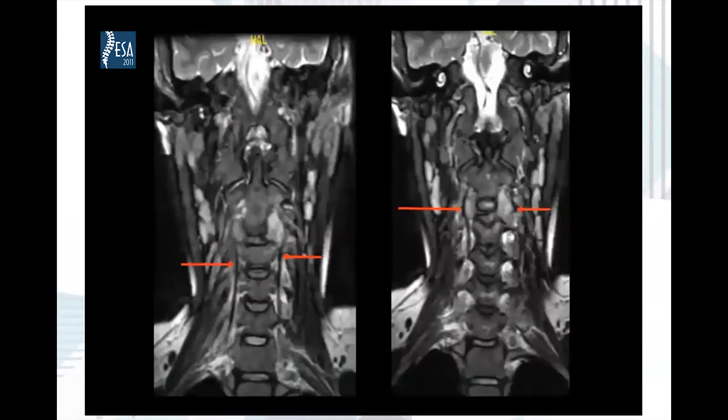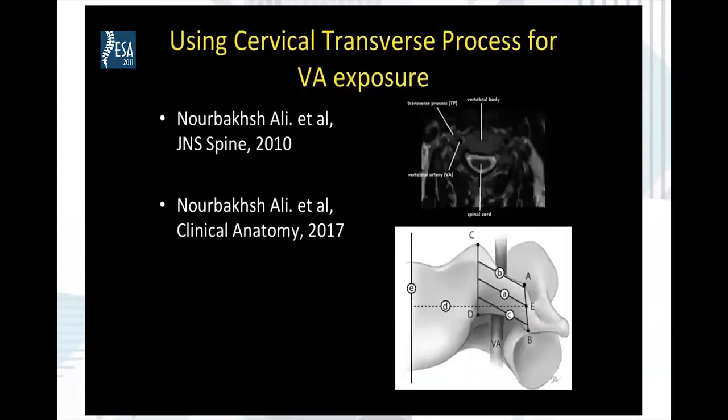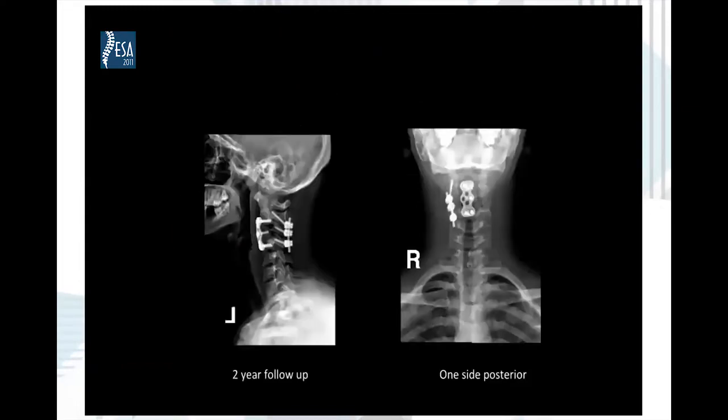So we followed the strategy of exposing the artery outside at the level of C4, the vertebra below, and we followed the artery upwards while resecting the tumor in between. This technique was published before by resecting the anterior part of the bony anatomy of the transverse foramen. And we were able to achieve this way total resection.